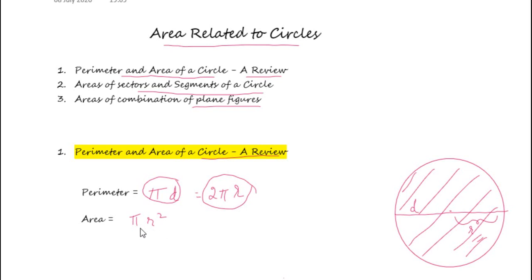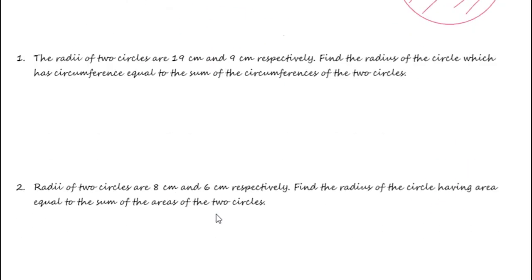Then when radius is r, area of the circle is pi r square. These are the two simple formulas you need to use in this module for calculating the perimeter and area of a circle. With this, let us get into solving some exercises.